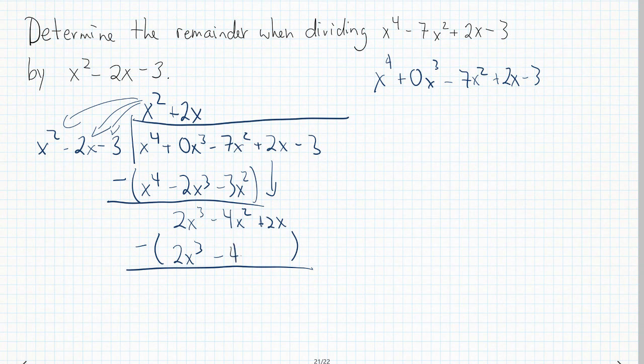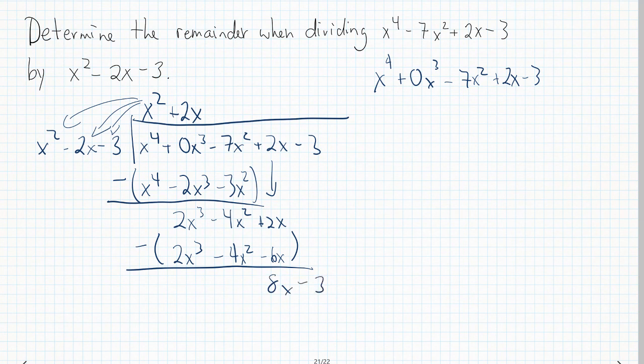Hey, what do you know? And then 2x times negative 3 makes negative 6x. Okay, so 2x cubed minus 2x cubed makes 0x cubed. Negative 4x squared minus a negative 4x squared makes 0x squared. And then 2x minus a negative 6x makes 8x minus 3.